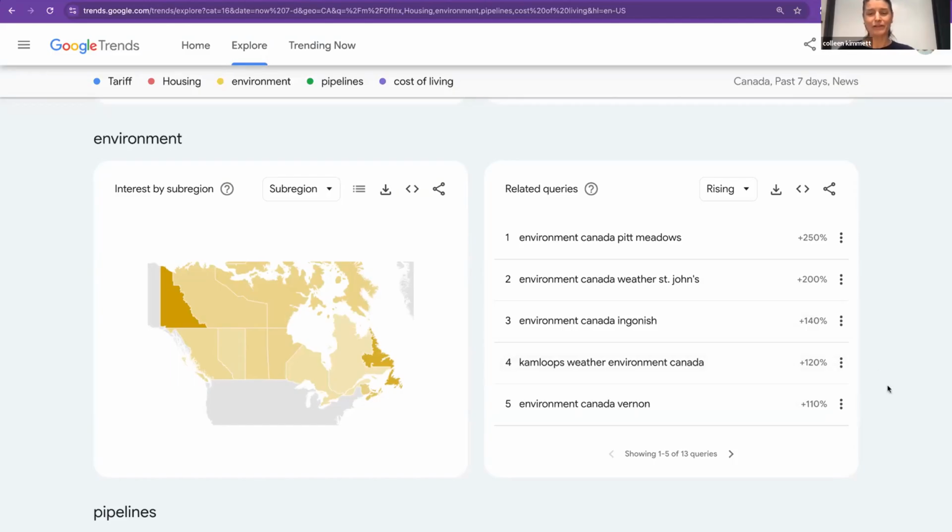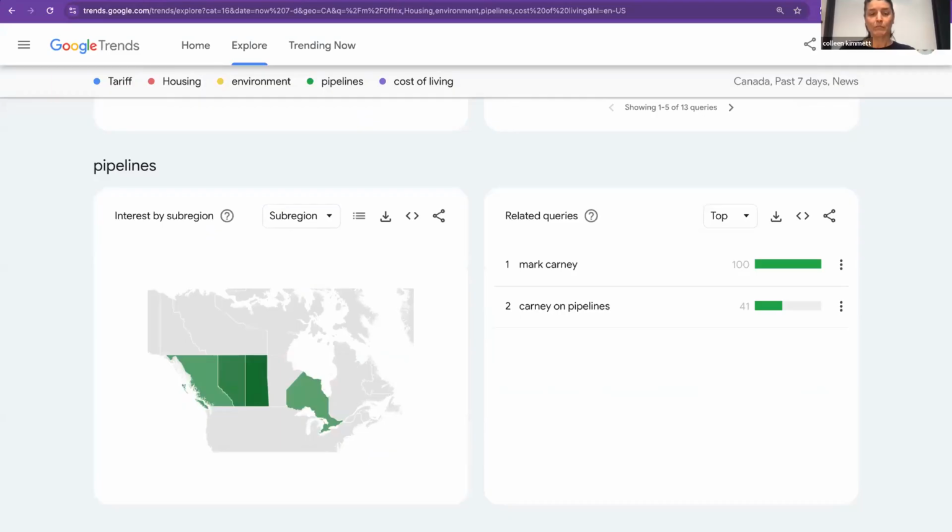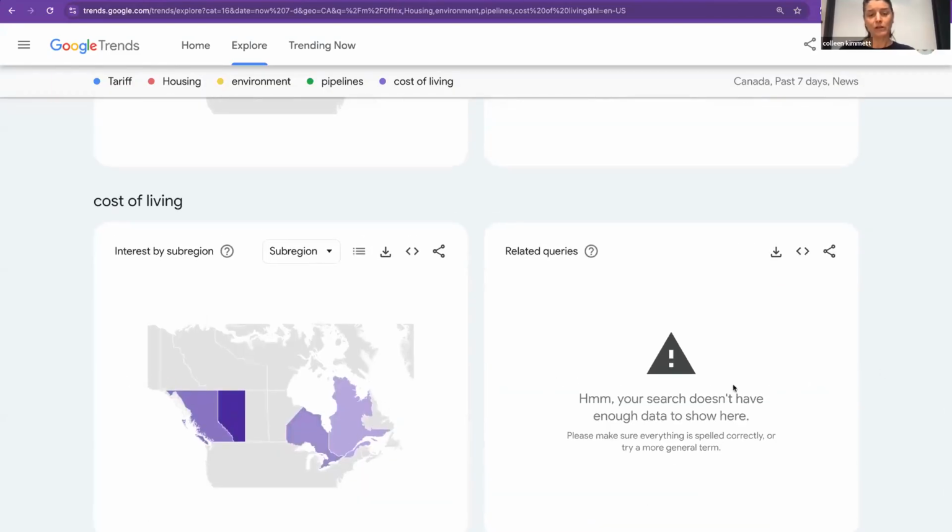So we might want to look at climate change, for instance, or environmental policy. Pipelines and cost of living. So there's not enough data here. This is what it looks like when there's not enough data to show. It just says not enough data. But we can see a lot of search interest in cost of living in Alberta and British Columbia.